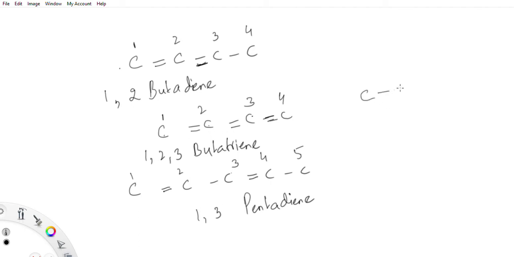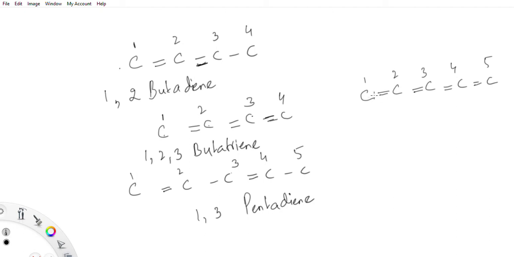Let's take another example. We will take the maximum example so that it becomes clearer to all of you. Now I have put double bonds between every two carbon atoms, 1, 2, 3, 4, and as it's a 5 carbon compound, it's a pentene, but not a simple pentene.